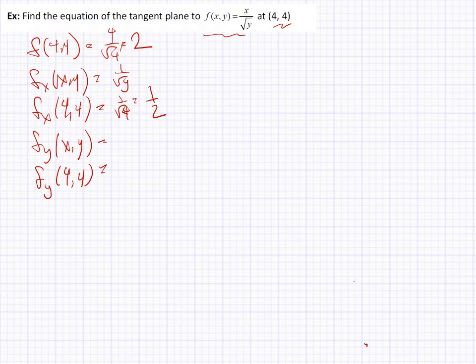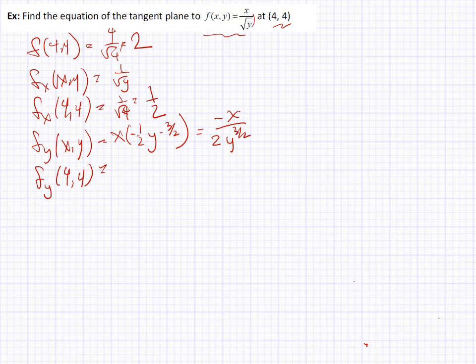The partial derivative with respect to y would be x times minus 1 half y to the minus 3 halves. I could write that as negative x over 2 y to the 3 halves. That's just power rule.